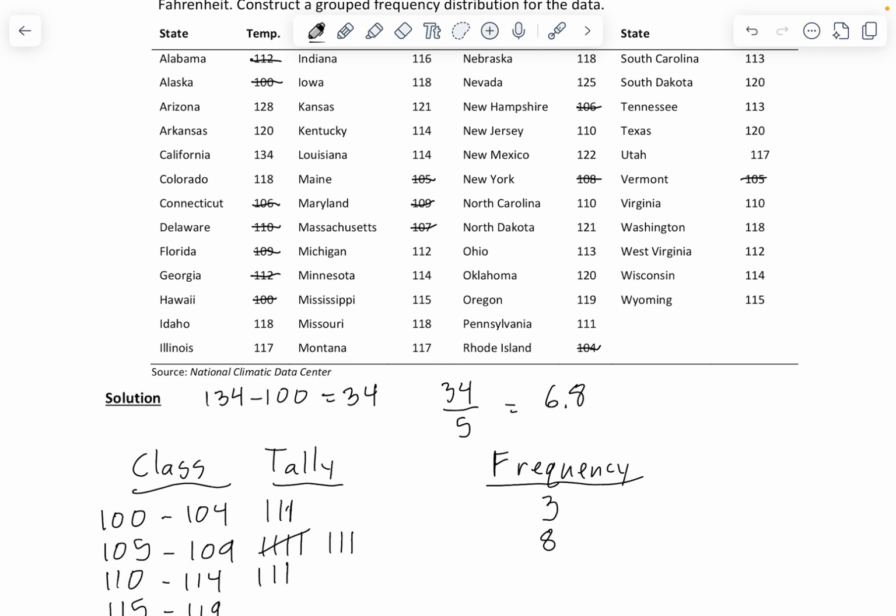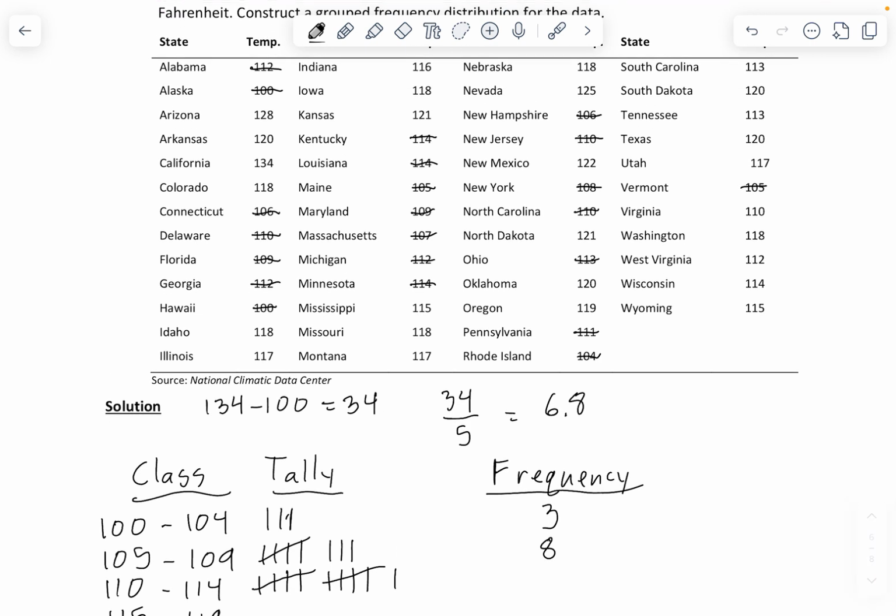Georgia, Kentucky, Louisiana, Michigan, Minnesota, New Jersey, North Carolina, Ohio, Pennsylvania, oops, sorry, South Carolina, Tennessee, Virginia, West Virginia, and it looks like Wisconsin.